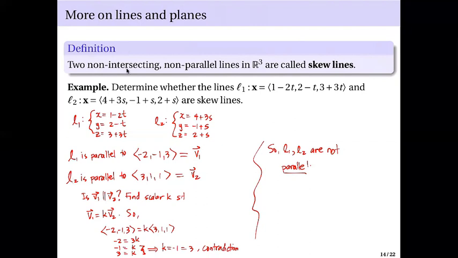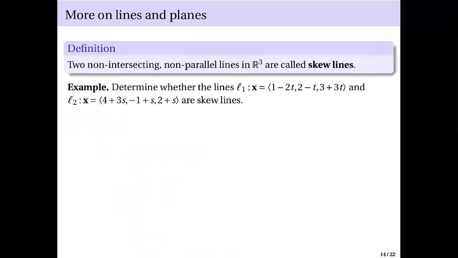For the non-intersecting, okay, this will need some work. To do this, let's copy this here. To show that they do not intersect, we should not be able to find values of t and s that will make them equal.